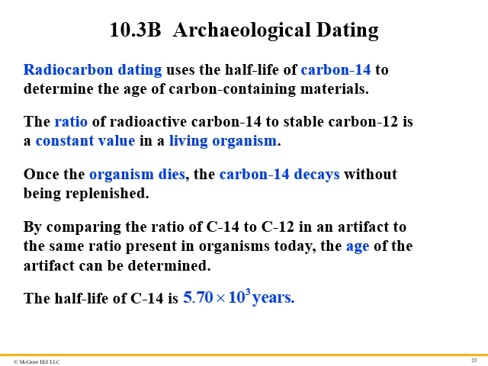It depends on our mass, things of that nature. But once we are no longer consuming things that have carbon, that amount of carbon-14 starts decaying at a very specific rate, and that's where the half-life comes into play. By comparing the ratio of carbon-14 to carbon-12 in an artifact or anything that contains carbon, we can estimate the age.